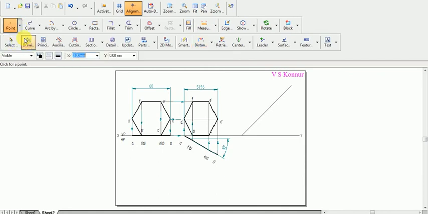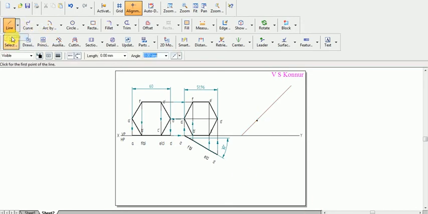As I already told you, prepare a point on the 45 degree line and draw an arc from this point with radius 60 millimeters.